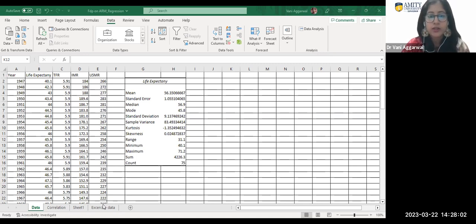So if no, then take 5 minutes or 2 minutes and calculate the descriptive statistics of IMR. Can you do that? Please do this and give me the average infant mortality rate. Take a minute and please solve this.